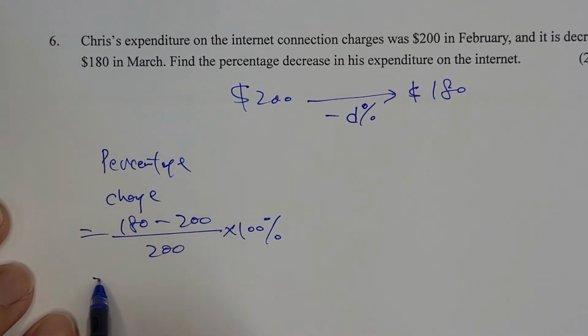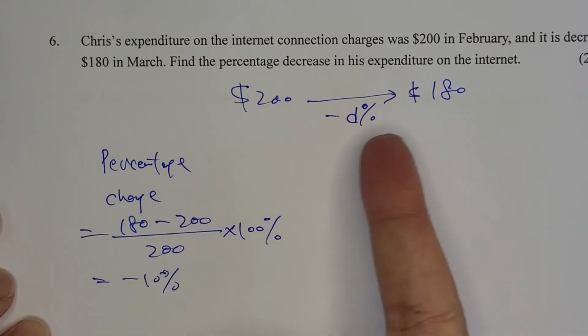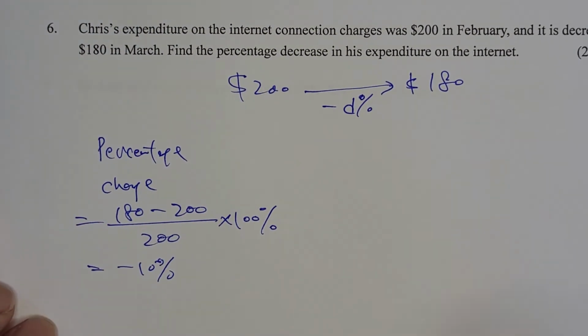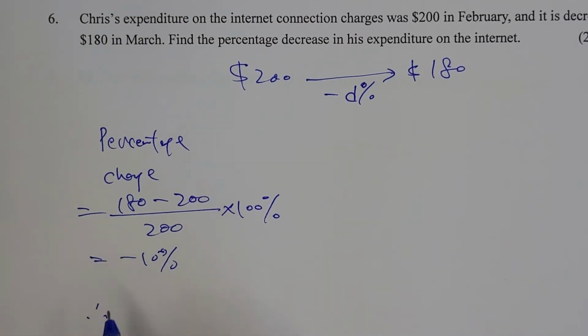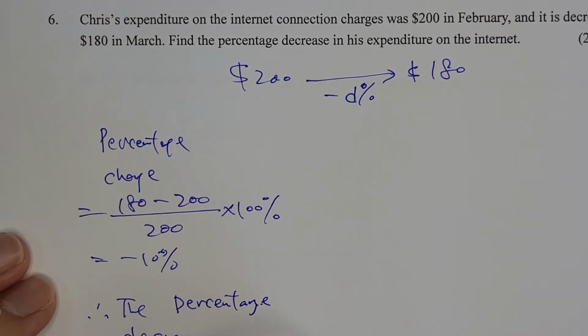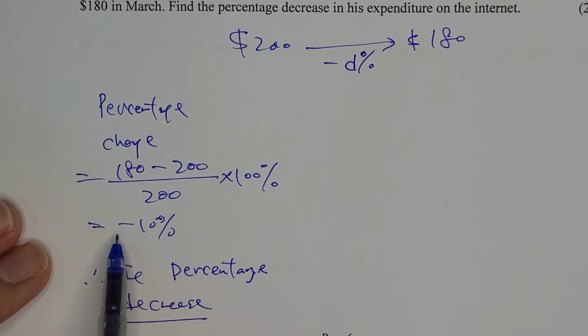Then you will get negative 10%. As you can see, it's cheaper than the original price, so the percentage change is negative 10%. So you need to answer the percentage decrease. How do you know that it is a decrease? Because there is a negative number.